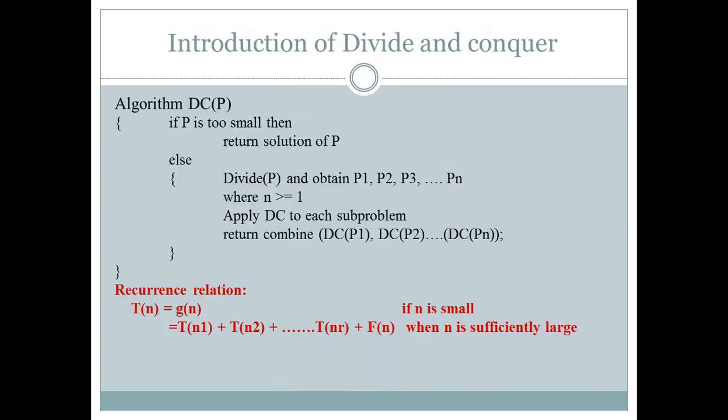So here we have the divide and conquer technique's algorithm. If our P is too small, then we will return P as our solution.